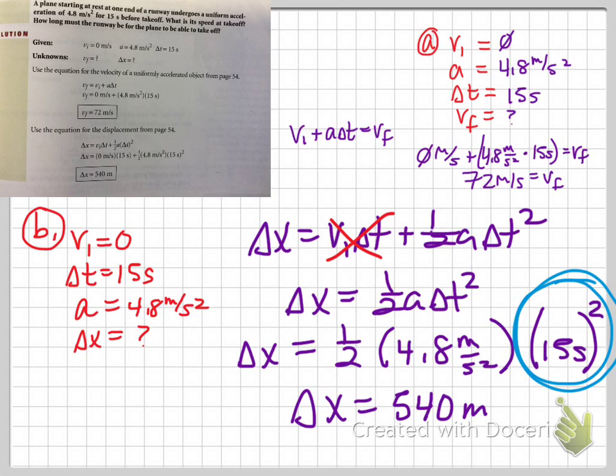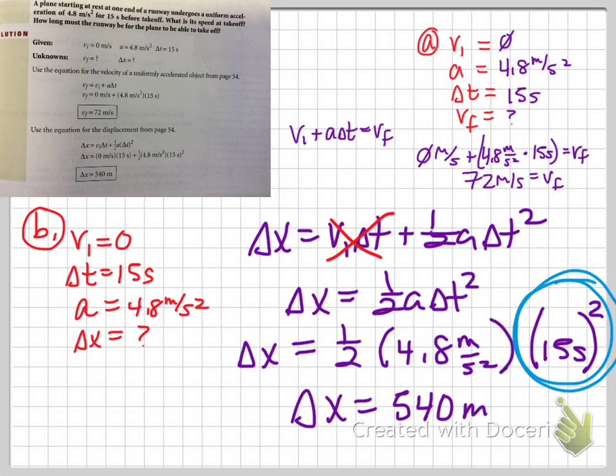So what I do when I have the option is go back to the givens and, as much as possible, stick to an equation that allows me to tie the givens that I have to solving it.